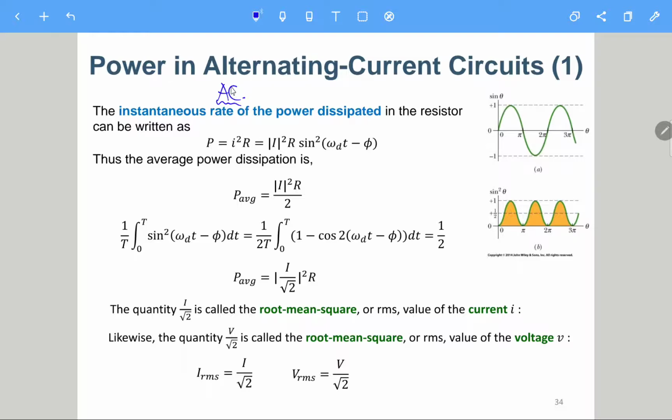So there may be some phase difference between the voltage and the current.